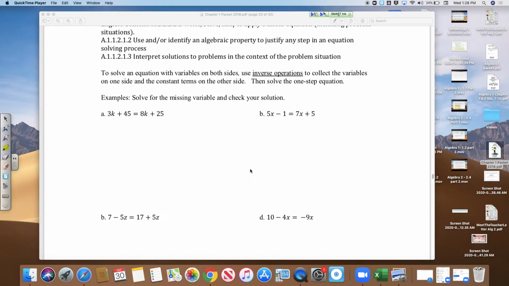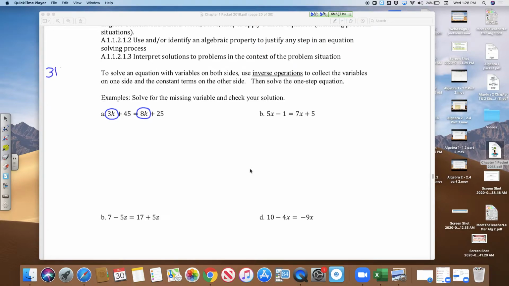So looking at these examples, these look a little bit different than the ones we've been doing because we have variables on both sides. I have 3k plus 45 equals 8k plus 25. Now, usually we'd be able to combine like terms and add the 3k and the 8k together, but these are not able to be added together because they are on opposite sides of the equal sign. You can only combine like terms if they are on the same side.